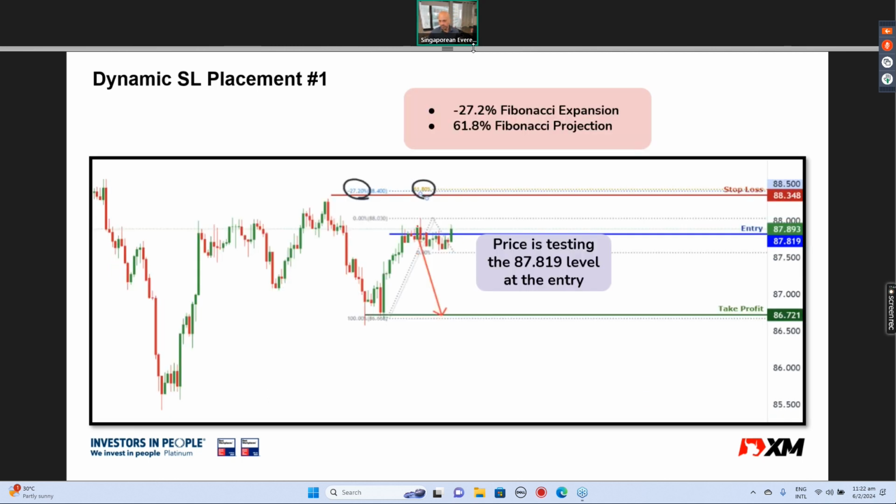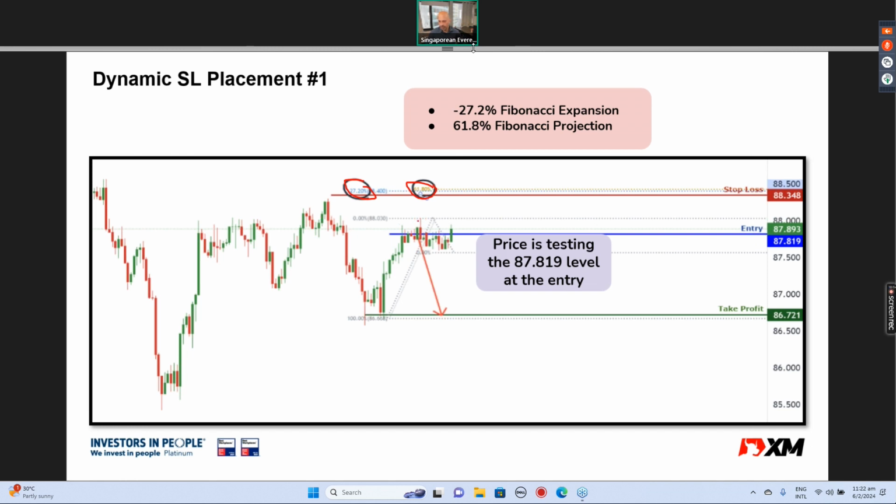But in this case here, we can also see that when we use our Fibonacci retracements and Fibonacci projection, we actually find the negative 27.2 and 61.8 Fibonacci expansion and projections to lie at a level that's around 88.34.